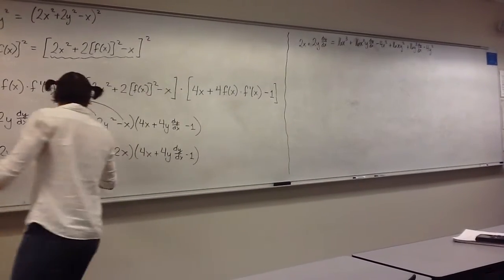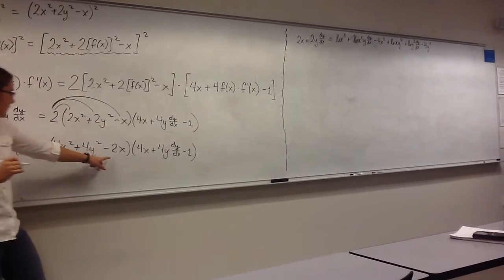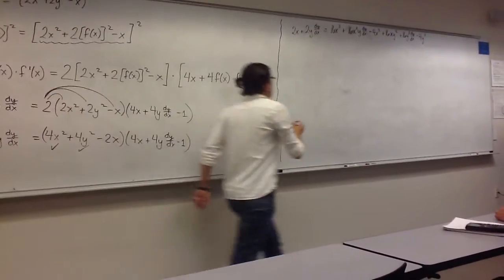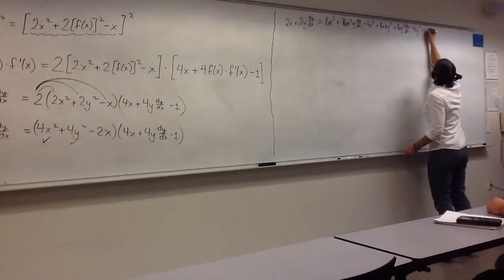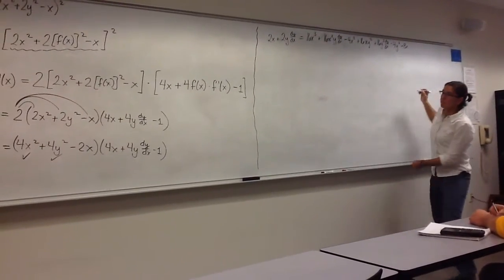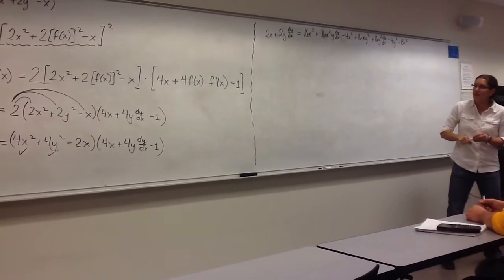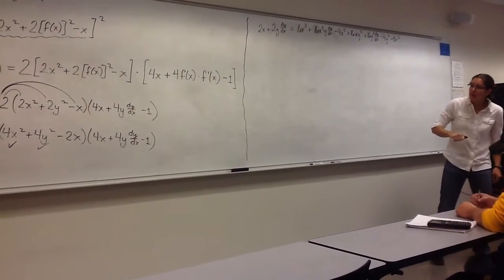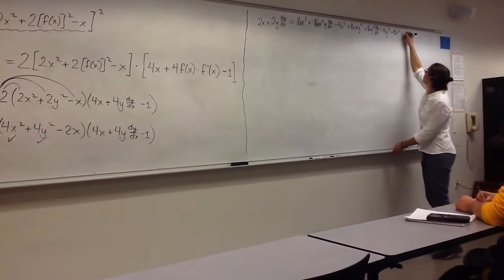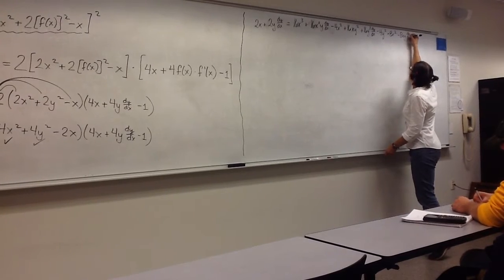Okay, so we've taken care of our first 2 terms. And now our last term, negative 2x times 4x is negative 8x squared. So negative 8x squared, minus 8xy dy over dx.